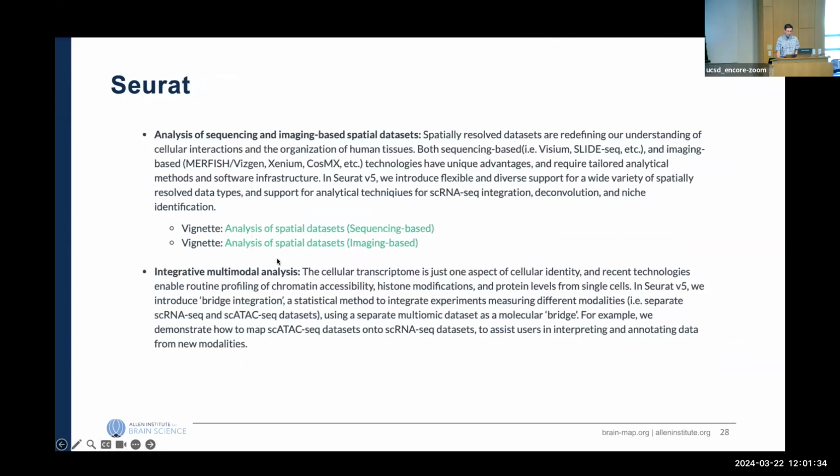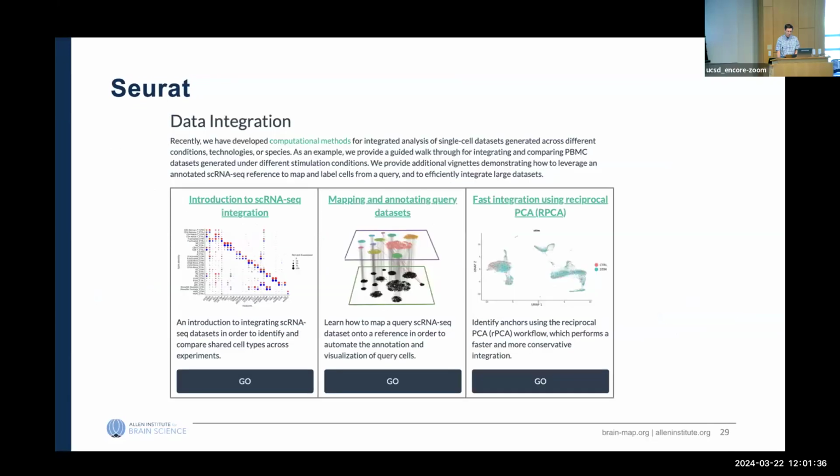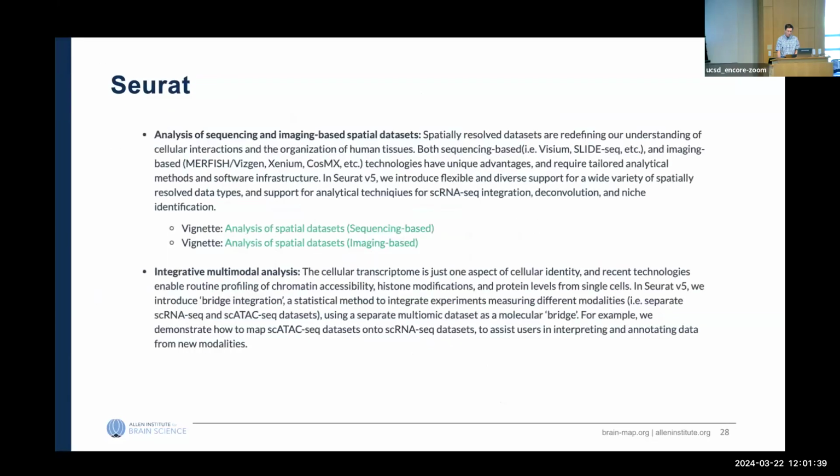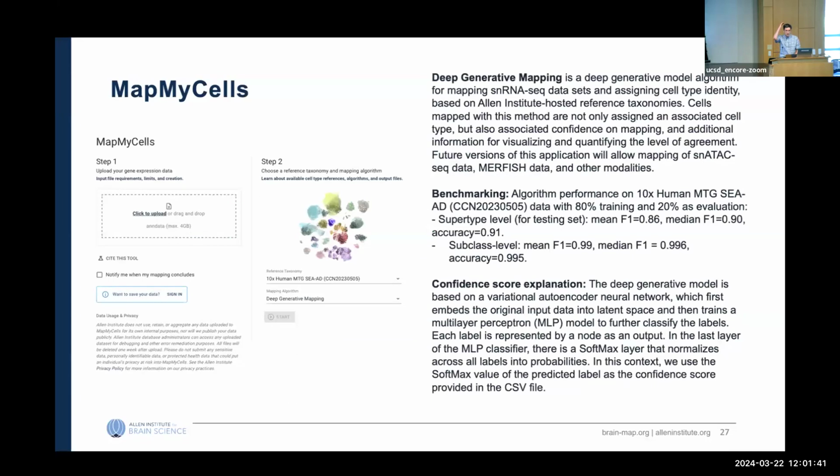Yeah, so I want to mention a couple other things here. This is the map my cells. In map my cells, we're using this generative model to assign cell type identity using the same principle which was in scVI. You have this target. The latent distribution are the actual cell types you'd like to find.